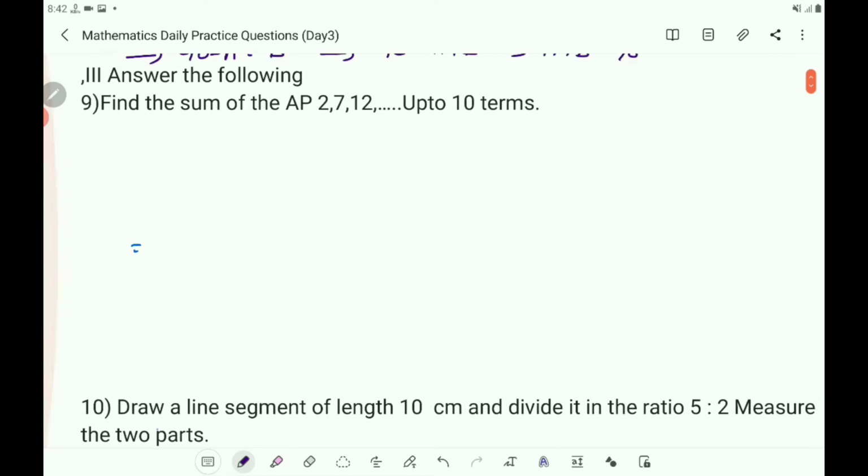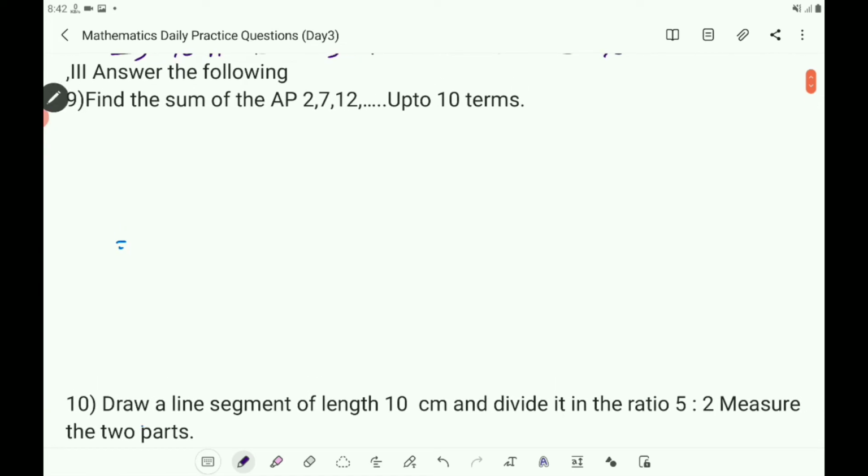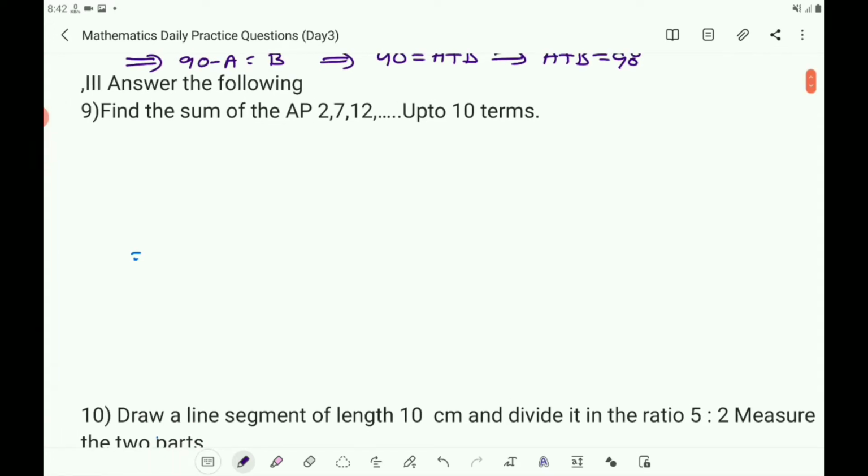Next you take the ninth question. Find the sum of the AP 2, 7, 12 up to 10 terms. So you take the AP 2, 7, 12 and so on to 10 terms.